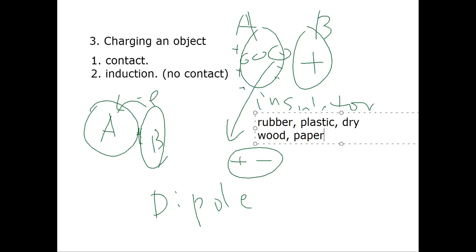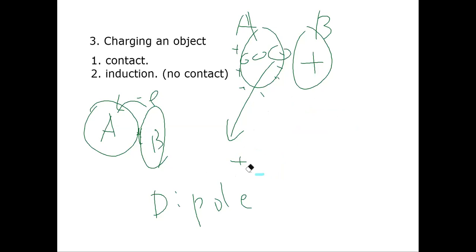These are good insulators. The wood has to be dry, and if it is wet, it won't be called an insulator. So these are called insulators. Now next, I'm going to show you what happens if you have a conductor. So I'm going to erase this part now.